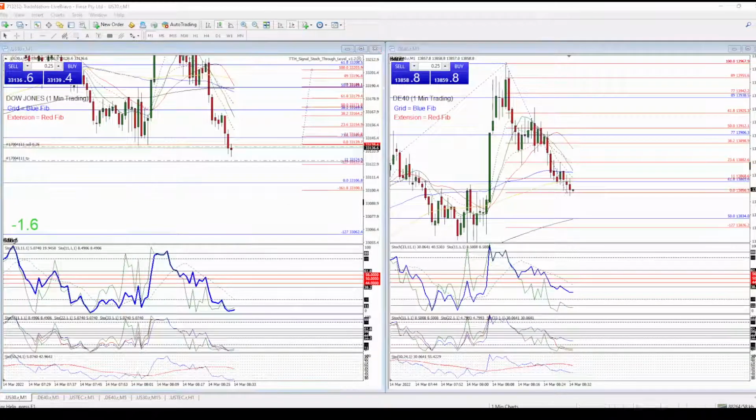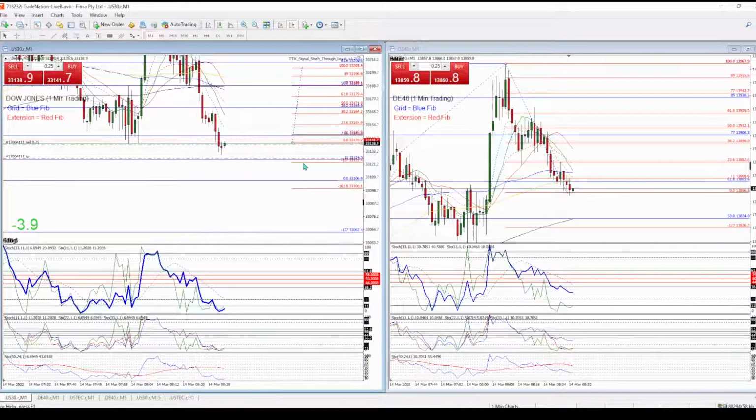No resistance on the bigger time frames that I can see at the moment for the Dow. Only resistance is this 11 of the 1 minute grid.